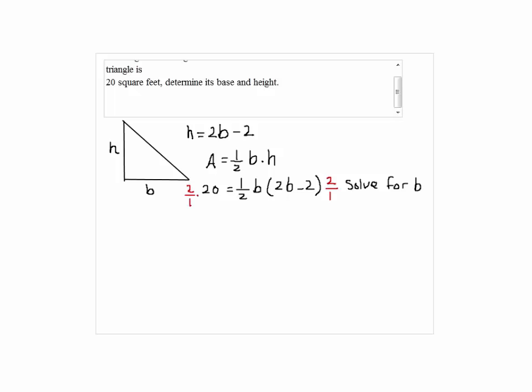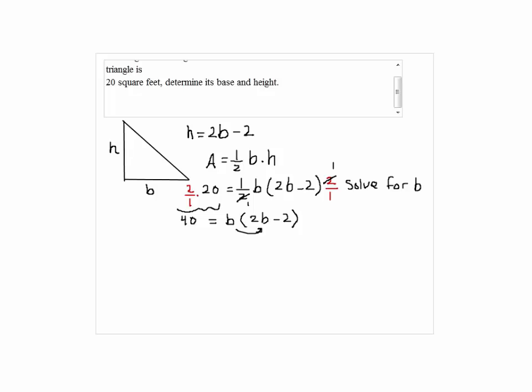And the height, we know in terms of b, is 2b minus 2. So here we have an equation in terms of b only, so we can solve for b. We want to solve for the base and height. So let's find the base first.